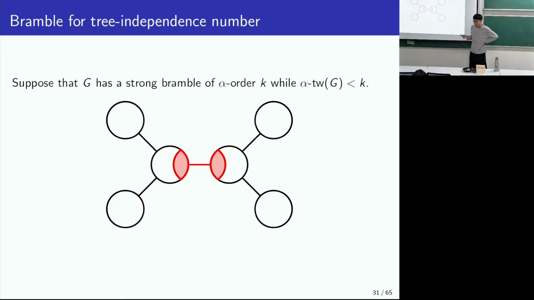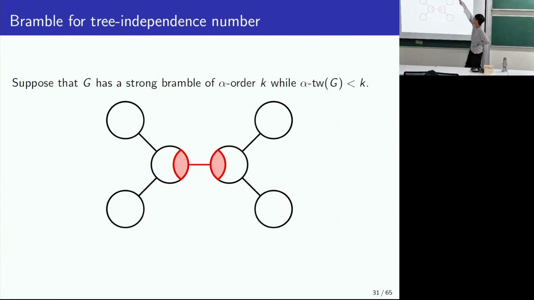Okay, so this tactic of looking at independence number instead of size of sets, we will use to prove the approximation duality between bramble and tree decompositions. So suppose that a graph has a strong bramble of large alpha order, and suppose that it has small tree independence number. Let's say this is a tree decomposition giving this small tree independence number, and look at one edge. If we look at this bag and this bag, their intersection makes this separation between here and here.